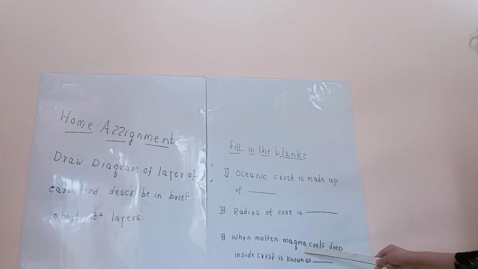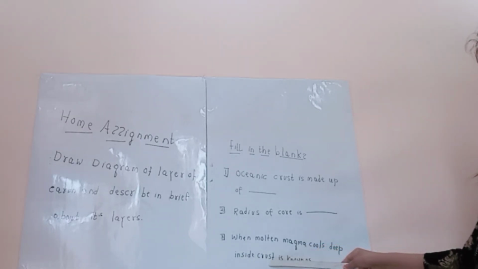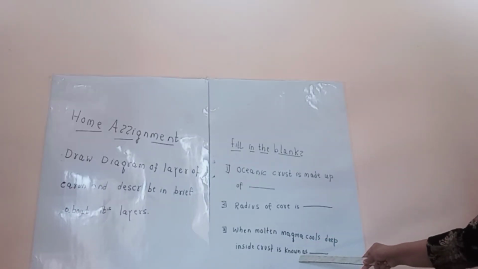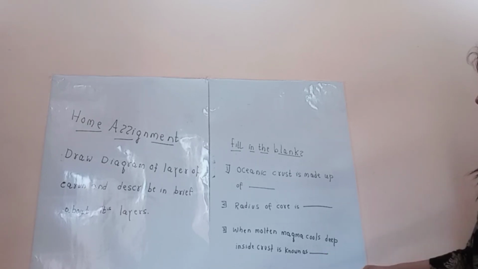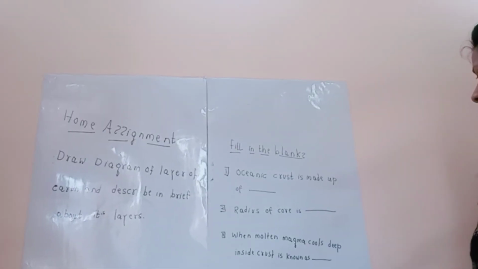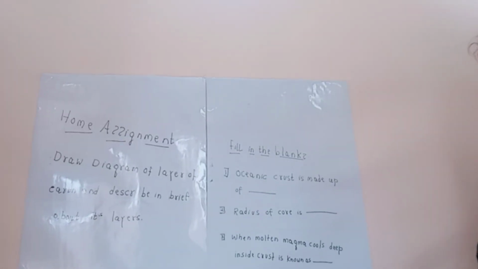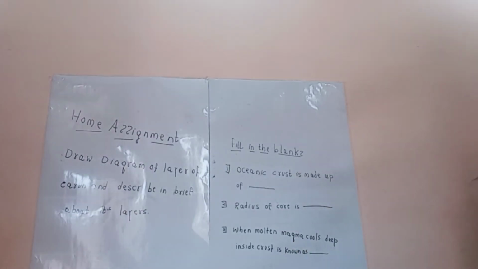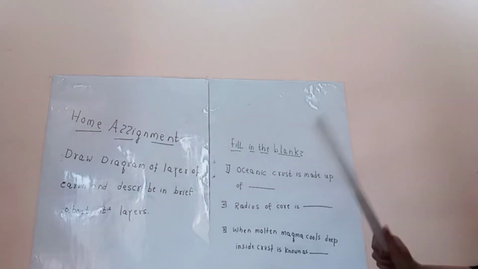When molten magma cools deep inside crust, it is known as dash. Very nice. Dash is a mixture of sedimentary and metamorphic rock. Just write it down in your notebook.